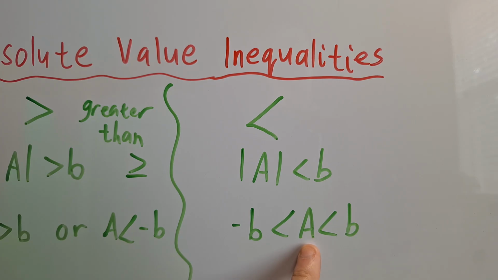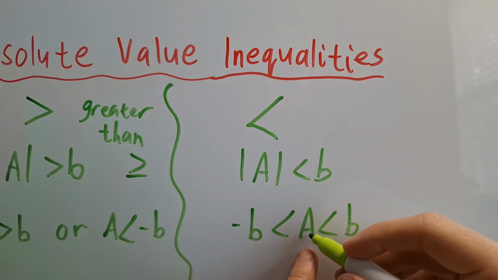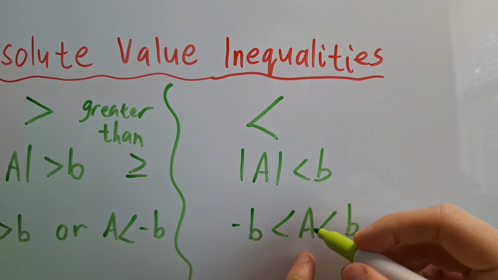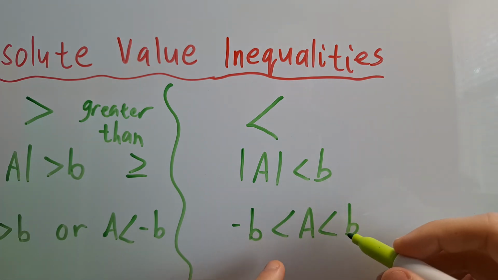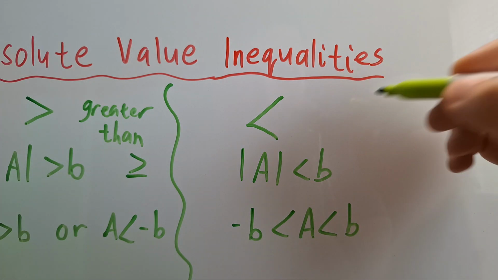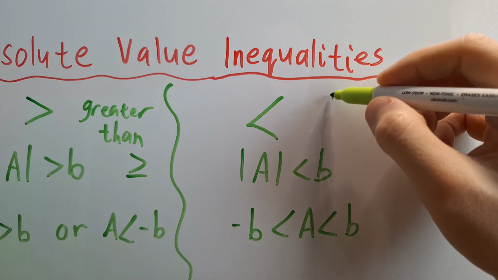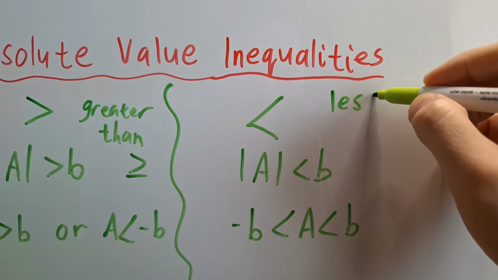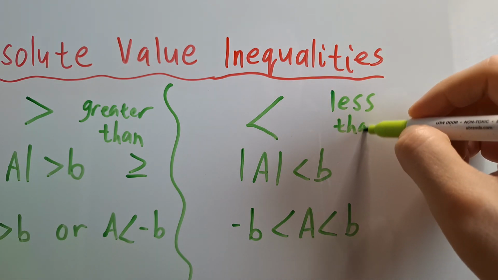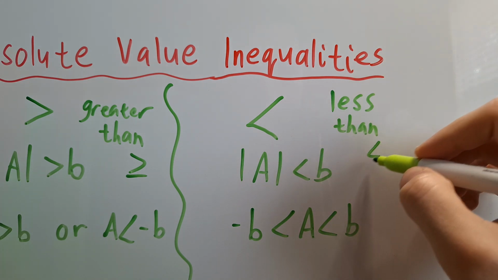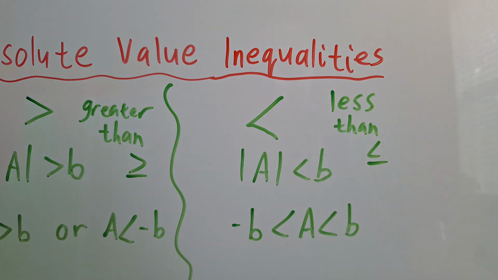And you'll work from there. You'll solve it, and then whatever you get for the negative and the positive of whatever number this is, you can graph it on a number line to make a little bit more sense. But again, this is dealing with the less than as well as the less than or equal to inclusion.